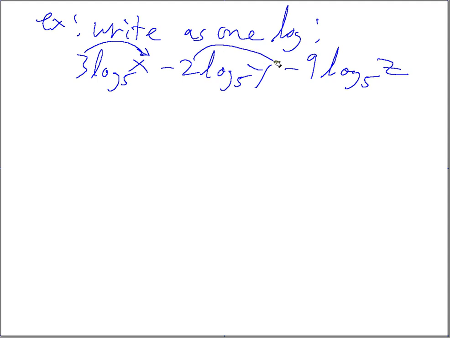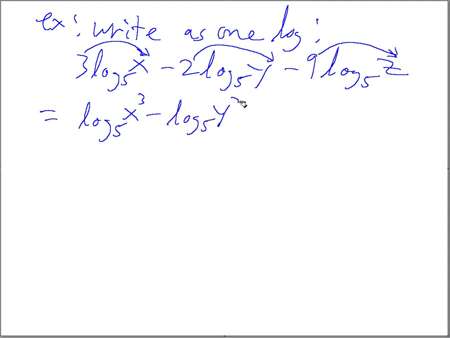But yeah, let's go ahead and put that 2 back on the y and the 9 back on the z. So in other words, the next step is going to be log base 5 of x cubed minus log base 5 of y squared minus log base 5 of z to the 9th. Does that make sense so far?